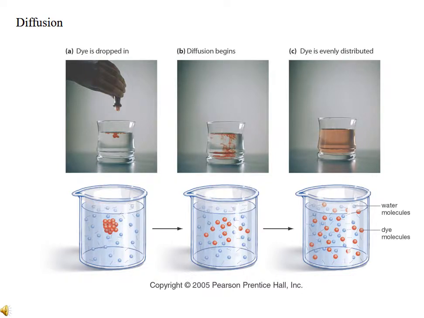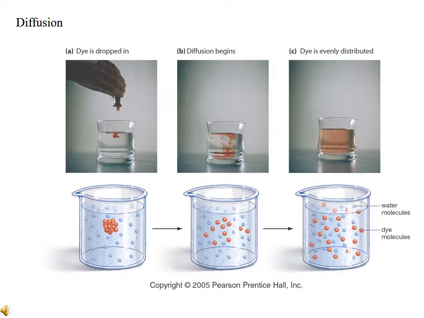Now, let's look again at simple diffusion. As you can see in the example I mentioned before, when we drop a concentrated amount of ink into a solvent like water, we see the molecules disperse. They're actually moving from an area where the molecules are highly concentrated to areas where the molecules are not there or not concentrated at all.